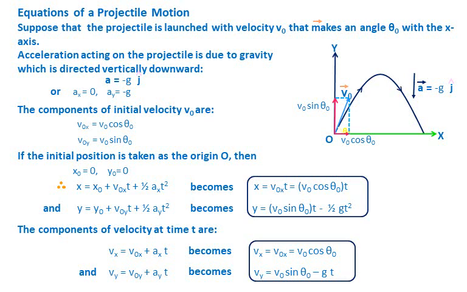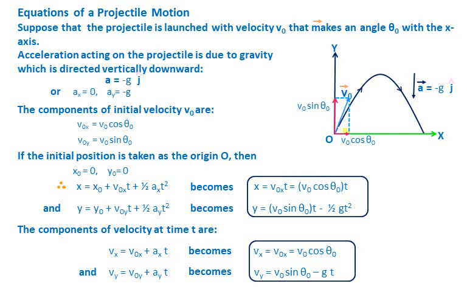Now, the acceleration acting on the projectile is due to gravity and is directed vertically downward. So you can say that the vector a is equal to minus g j cap. Ax is 0 and Ay is minus g. The components we have already discussed: along the x-axis it will be v0 cos theta naught and along the y-axis it will be v0 sin theta naught.